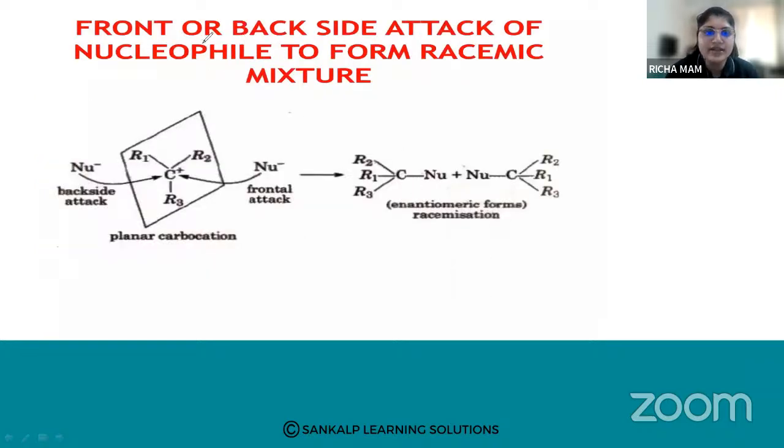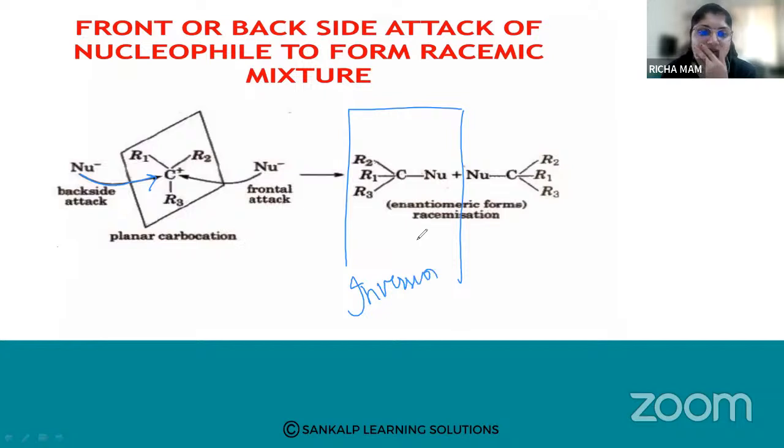Now here you can see front or backside attack. This is the carbocation, with carbon, a positive charge, and R1, R2, and R3. If the attack of the nucleophile takes place from behind, from the backside, then inversion of configuration is obtained. If the attack takes place from the front, then retention of configuration is obtained.